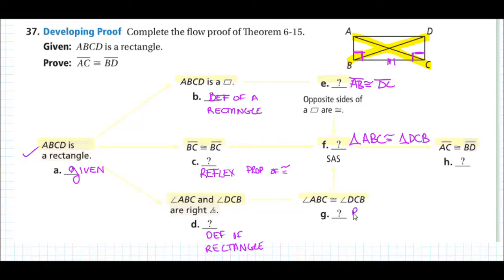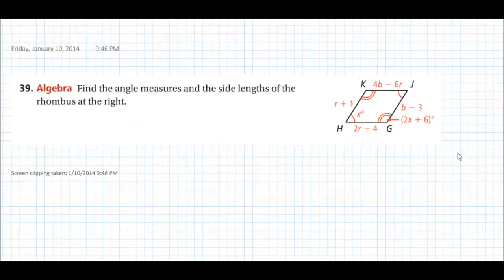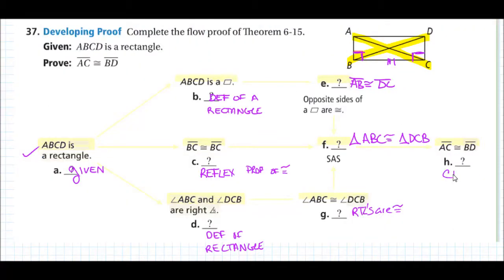Well, and that's just saying right angles are congruent. And so AC is congruent to BD because corresponding parts of congruent triangles are congruent.